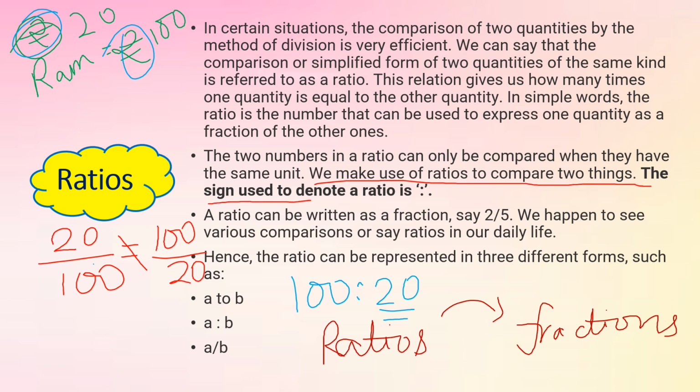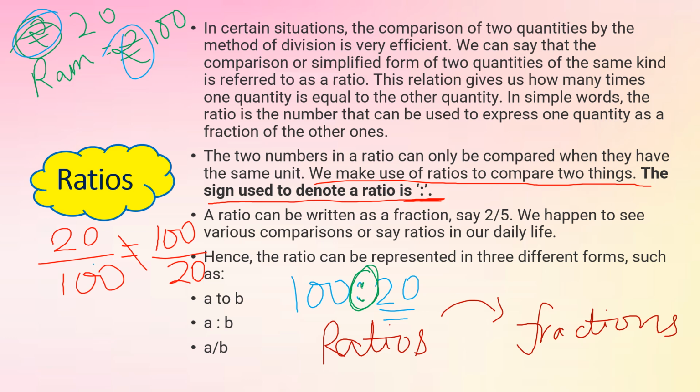We make use of ratios to compare two things. The sign used to denote a ratio is a colon. That's why I have used this colon between the two numbers in the ratio. When we read this ratio, we always read the first number first.